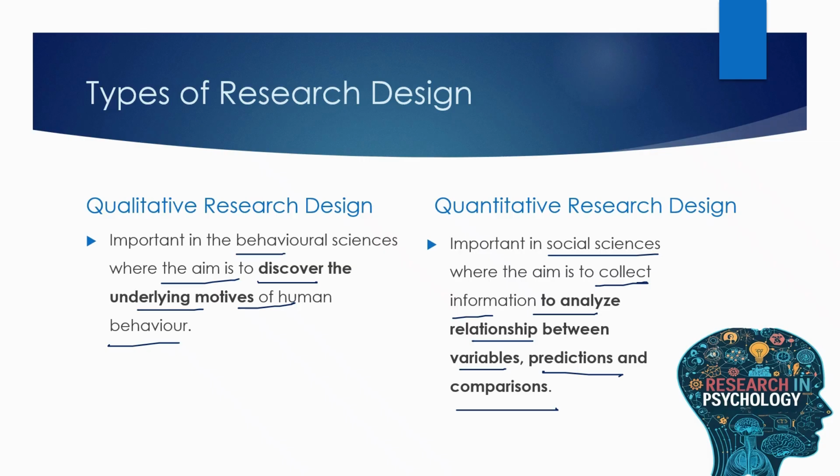It's all more qualitative, textual, or more subjective answers. While in social sciences, we use quantitative research design to collect solid, numerical information, so that we can analyze it and find out the relationship between two variables so that we can do predictions or comparisons between the variables. All right.